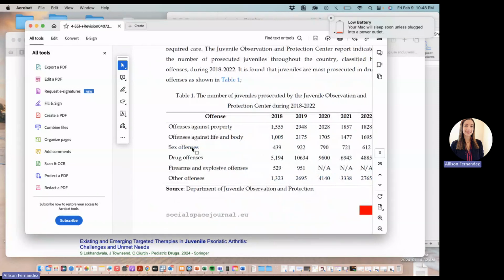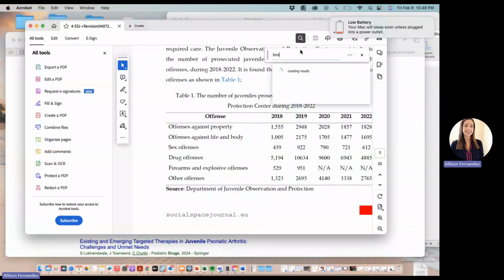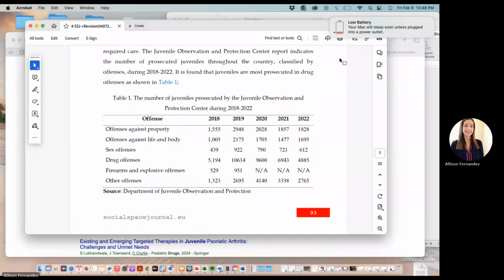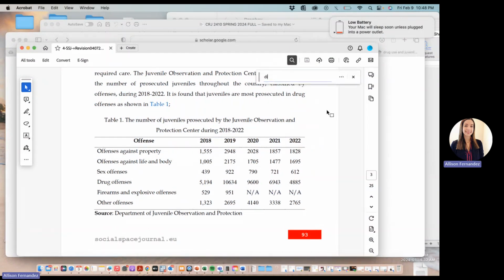Okay. So I'm just going to Google, Control F to limitations. No. Sometimes it's labeled as something else other than limitations. It could be like a discussion.